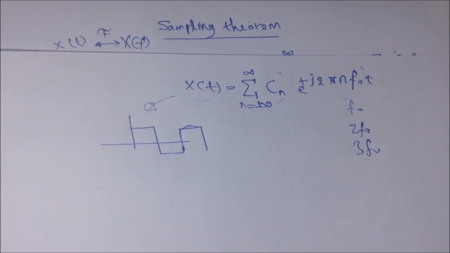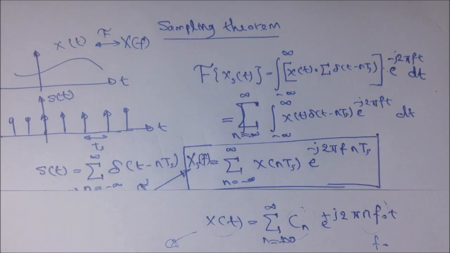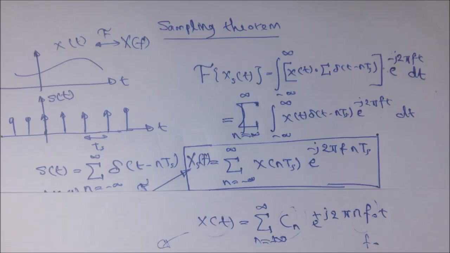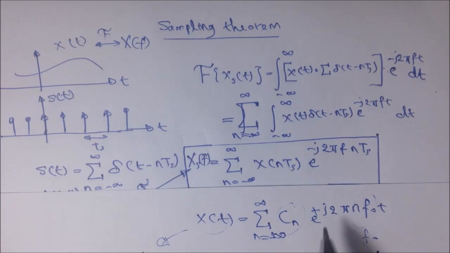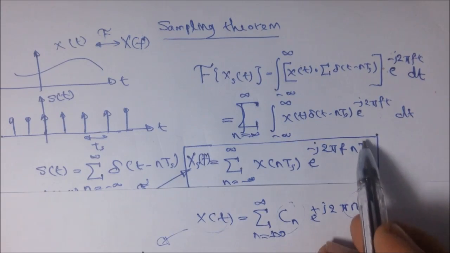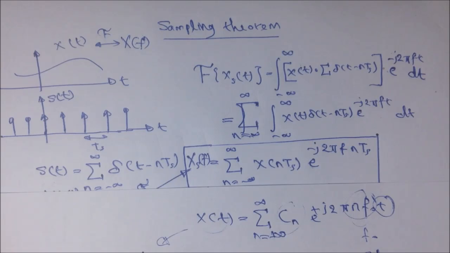So this is similar to what's happening here. We're also having the same summation, but with different variables. Instead of nf_0, we have nT_s, and instead of t, we have f.